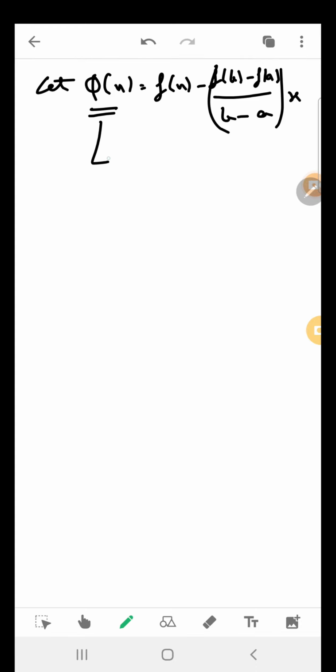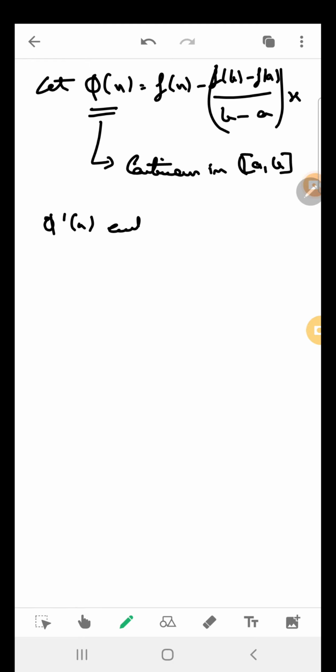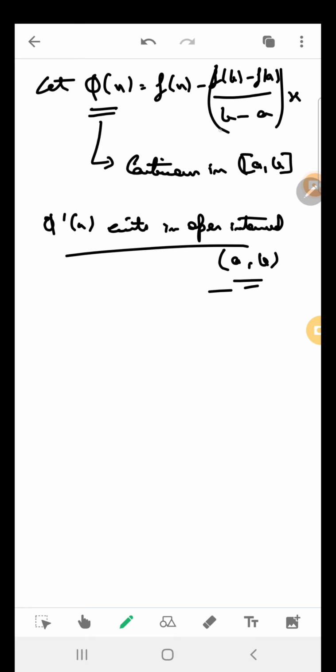Now phi x will be continuous in the closed interval [a, b], and phi dash x exists in the open interval (a, b). You can check it on your own if you know how to check the existence of a derivative in an open interval. This will always be true for this particular function.